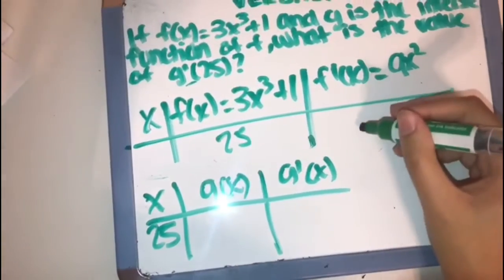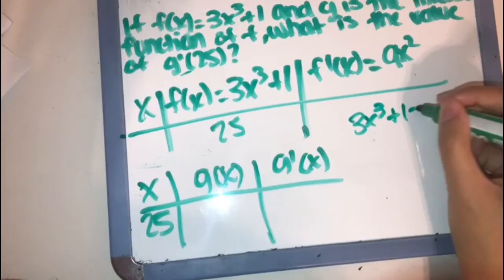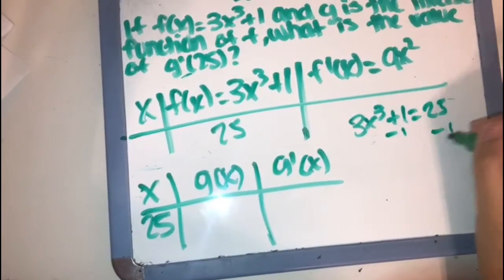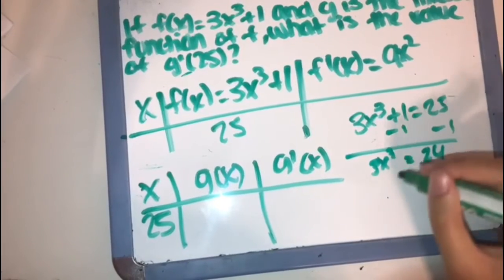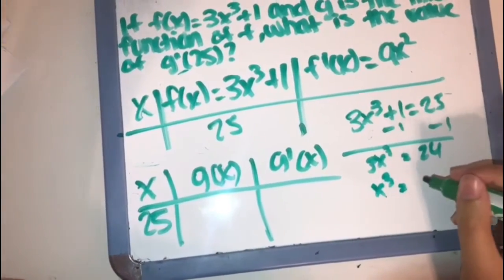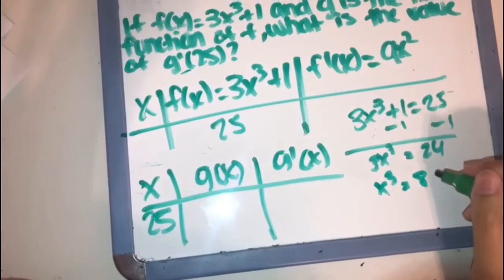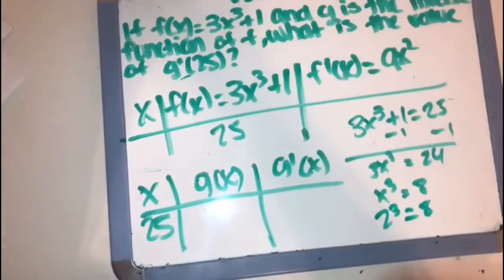Okay, so let's set this equal to 25. So 3x cubed plus 1 equals 25. So minus 1 is 3x cubed equals 24. Divide by 3, so x cubed equals 8. So if you think about it, 2 to the 3 is 8.